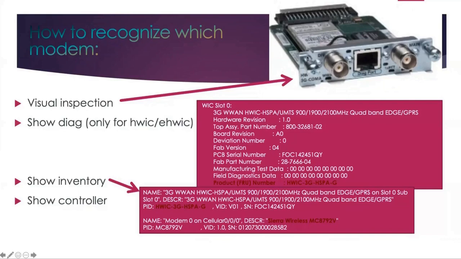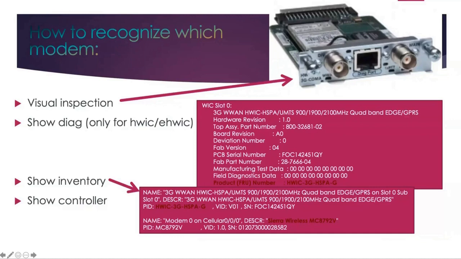They have the cellular modem and card integrated into the router because these are fixed platforms. Everything apart from these platforms and a few IR 1100s as well are fixed. Apart from that, everything will have a card like how you see on the top right of the screen. This is how an LTE card will look.